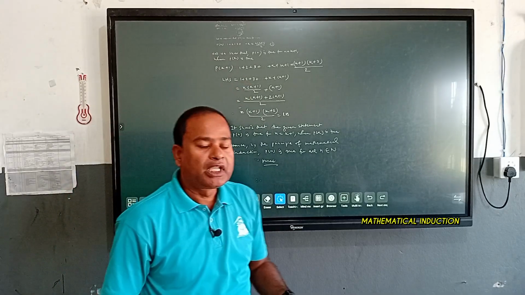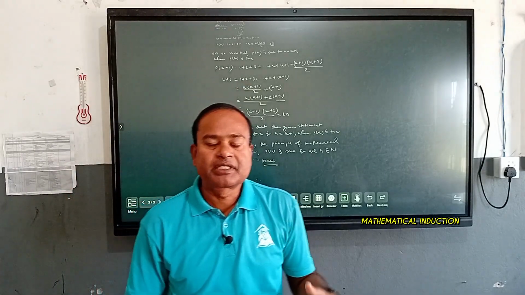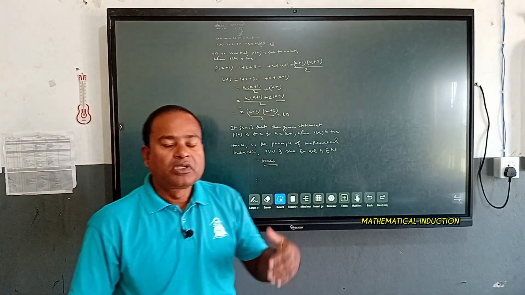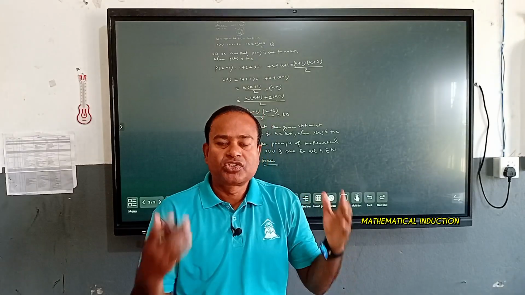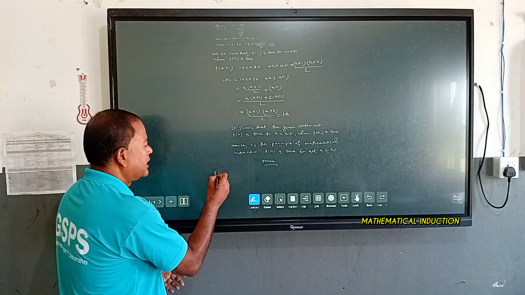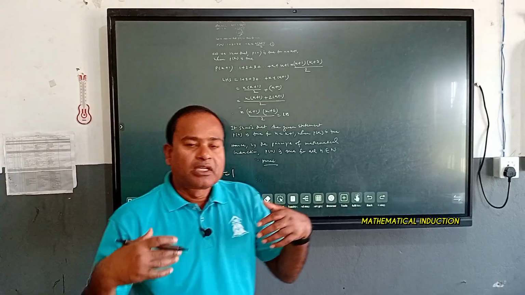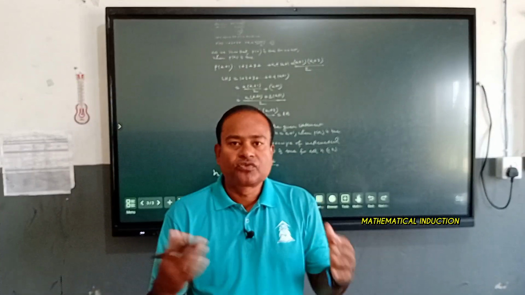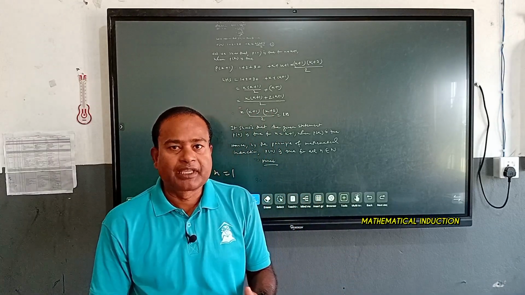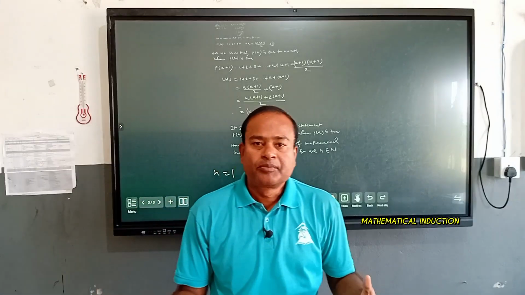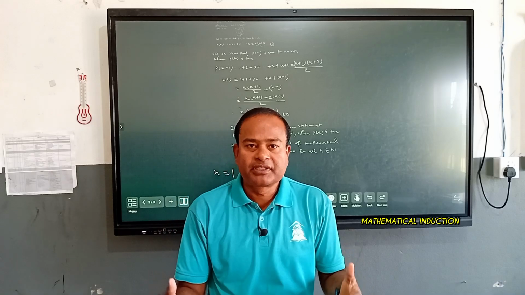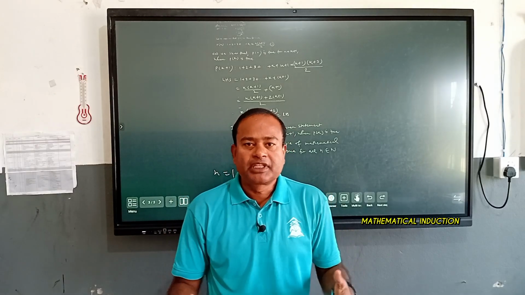In order to prove any given statement by using the principle of mathematical induction, at first we have to show that the given statement is true for n equals 1, then we prove that the given statement is true for n equals k plus 1 whenever it is true for n equals k. So dear students, by using the principle of mathematical induction, we can prove any formula involving the natural numbers.